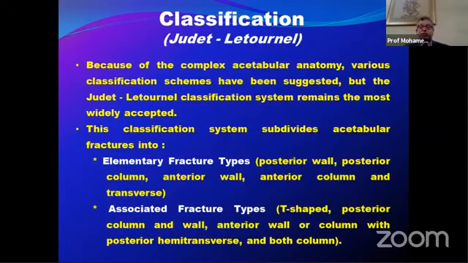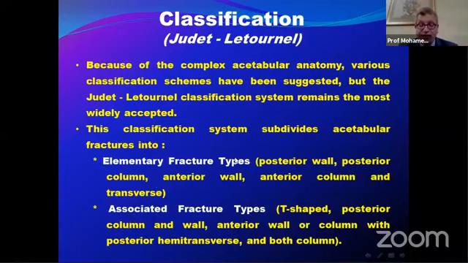The most famous classification of acetabular fractures. There are many classifications of acetabular fracture, but the most commonly used is the Judet-Letournel classification. Because of the complex acetabular anatomy, various classification schemes have been suggested, but still the Judet-Letournel classification system remains the most widely accepted. This classification system subdivides the acetabular fracture into two main types: the elementary fracture types and the associated fracture types.